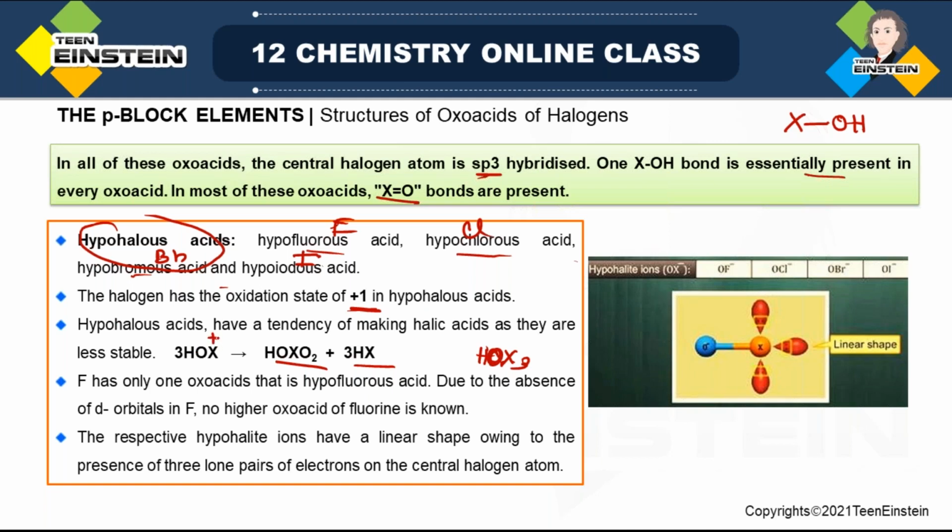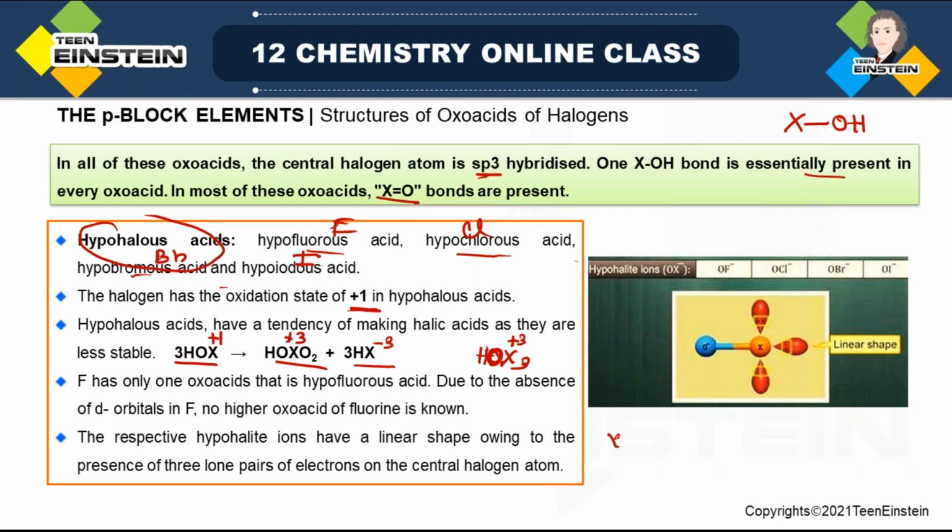Here the oxidation state is +1, but in halic acid the oxidation state is +5. So from +1 HOX is converted to a higher state, and HX is also formed. That means it is a disproportionation type. From +1 it is oxidized and also reduced to -1. So in this form it is not very stable, and there is a tendency to change from HOX to HXO3 and HX.